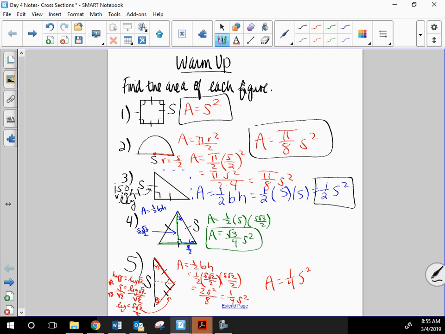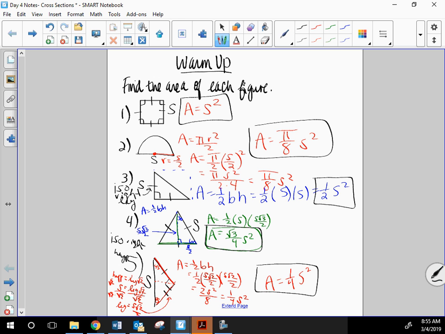I feel like it's easier to think of it that way. The area of the equilateral triangle is root 3 over 4 s squared. And then this is again an isosceles right triangle where my hypotenuse is the side. My area is 1/4 s squared.